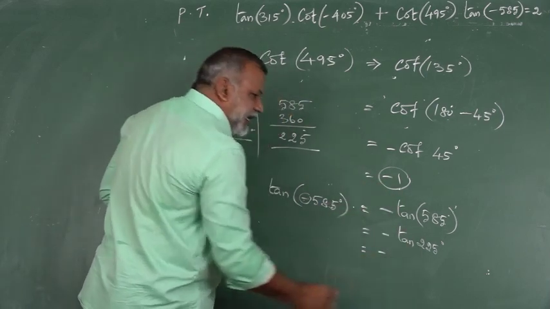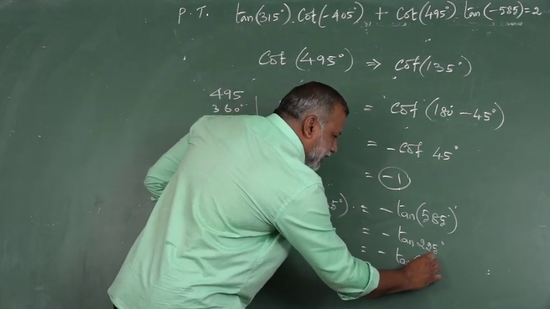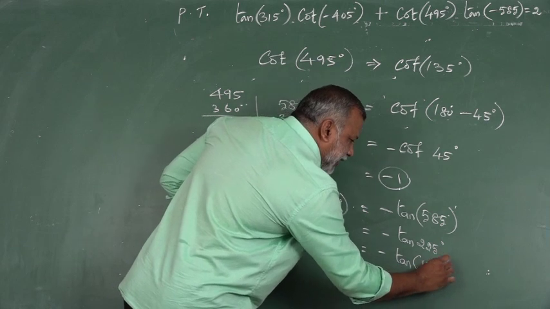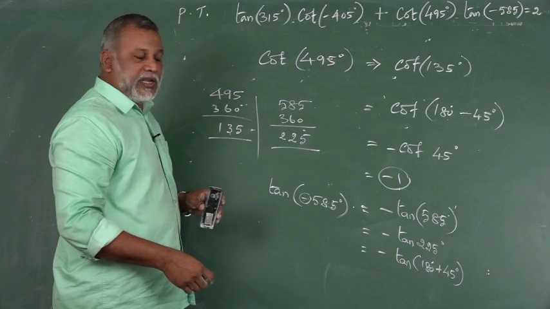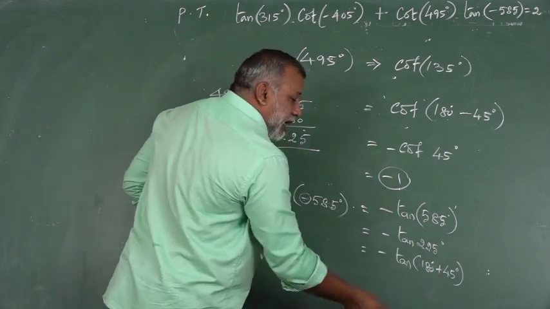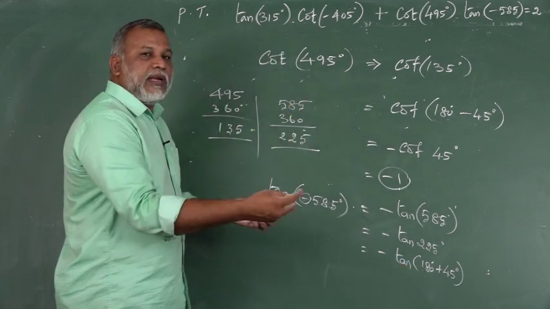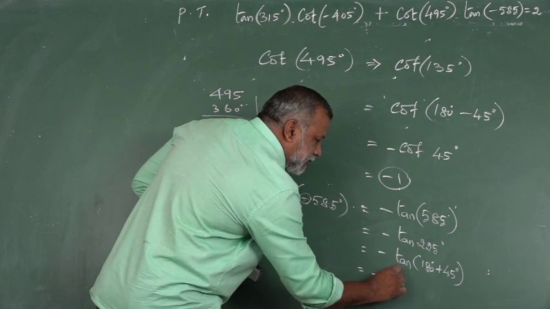Now listen. Negative tan 225 can be written in the form of 180 plus 45. 180 plus 45 means 225. It means 180 comes, so apply the same function: minus tan 45.